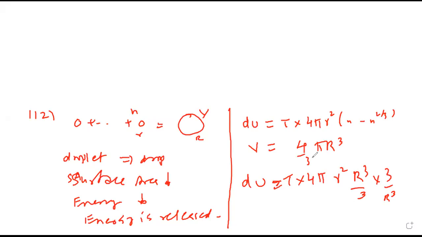I want volume. That means I want 4 by 3 pi r cube. So I'm multiplying by r cube by 3 and dividing by r cube by 3, with n minus n raised to 2 by 3 inside.